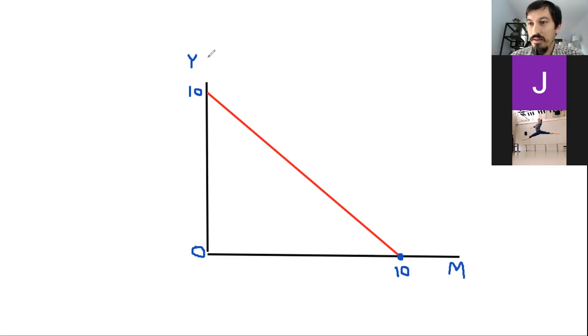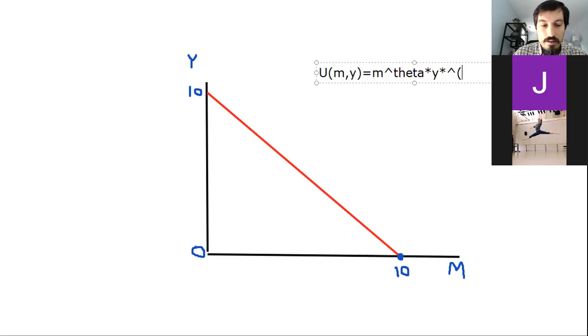You'll likely learn about more complex models, called social preferences, where the utility function of M for my payoff, Y for your payoff is equal to M raised to some power, theta, times Y raised to some power, maybe 1 minus theta, something like that, for example.